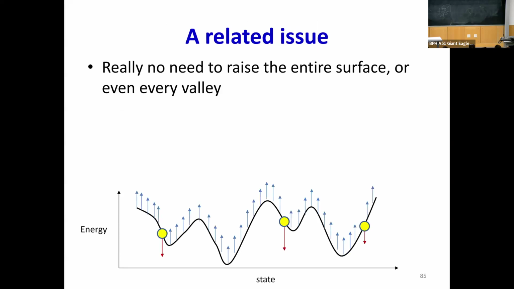So we observe that this is related to the same idea that you don't need to raise the entire energy surface. In order to store any particular pattern, it's sufficient for the energy contour to be a local valley in the vicinity of that pattern. So you don't care what happens out here.